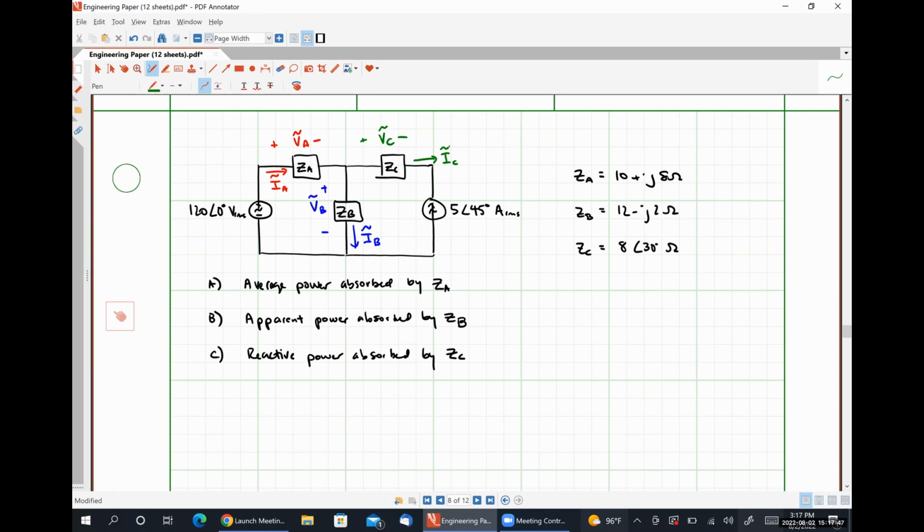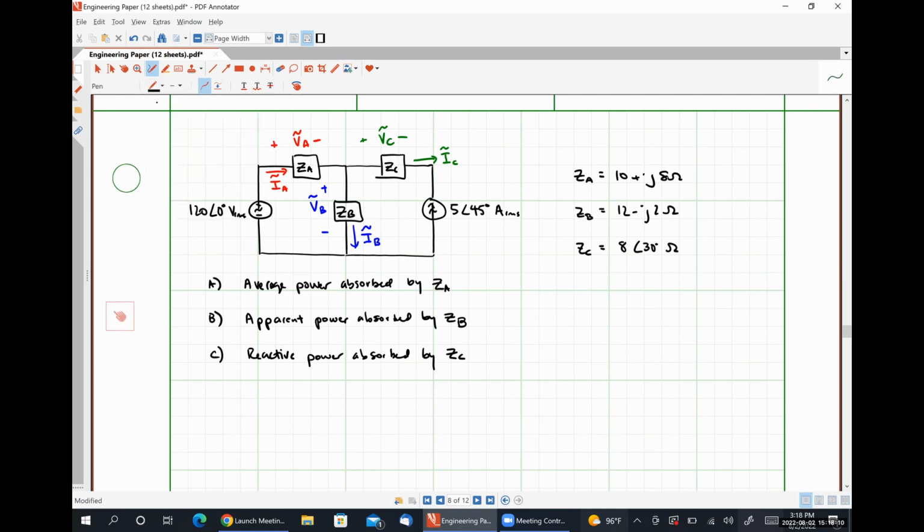All right, since nobody is volunteering anything, I will start us off here. So we are going to do part C first. And the reason why we're going to do part C first is because IC is effectively already given to us, right?